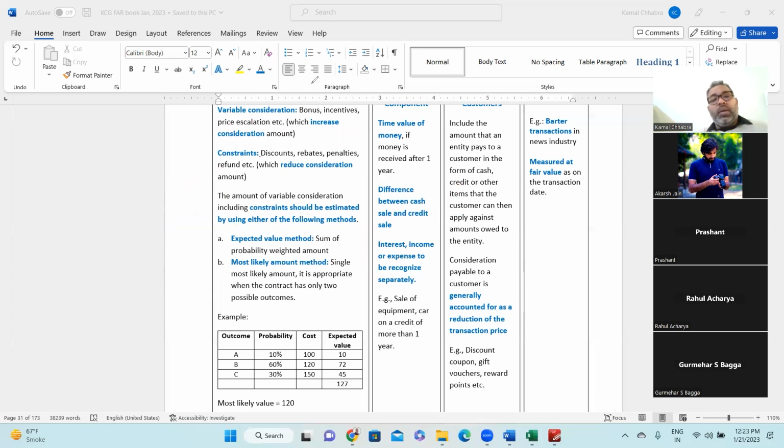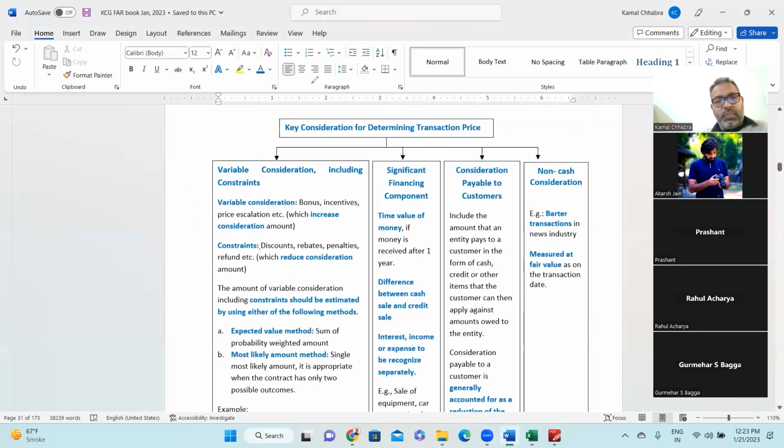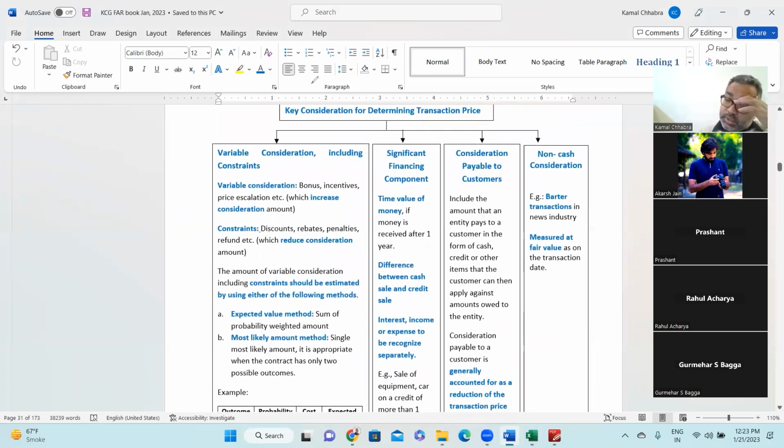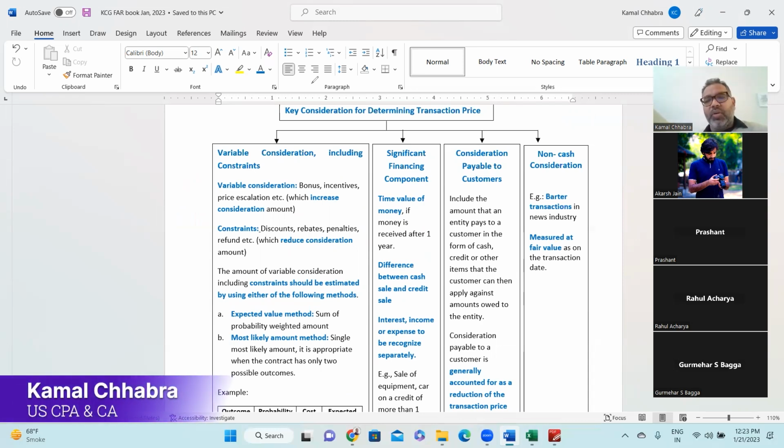Okay, so this is about variable consideration and constraint to variable consideration, including both the methods to calculate variable consideration, which are the expected value method and the most likely method. Now jumping on to the second pillar, which is significant financing component.